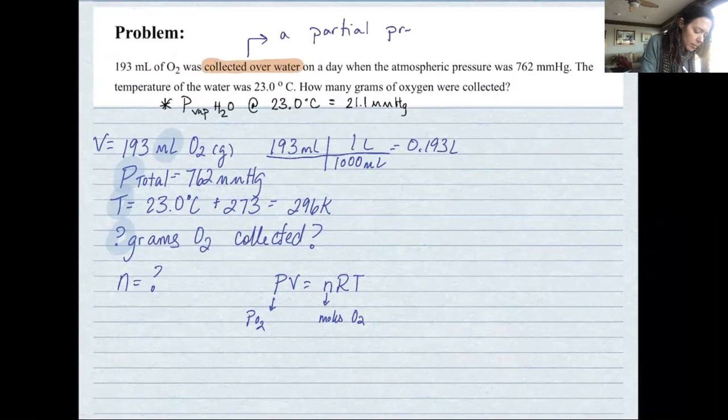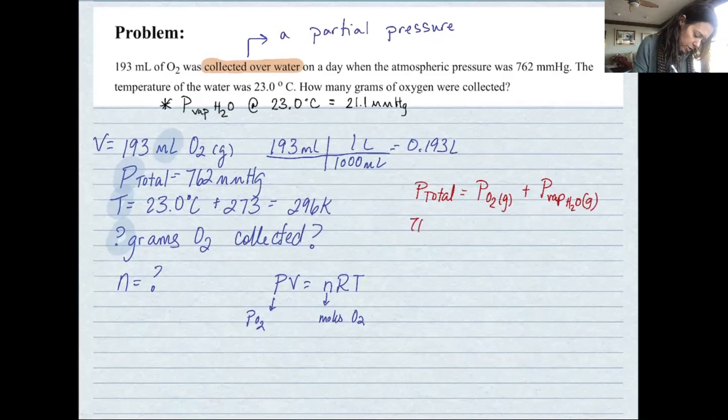So we need to take our total pressure. P total equals the oxygen gas that was collected, and remember, it was collected over water, so we have some water vapor pressure. The P total here is 762 mmHg.